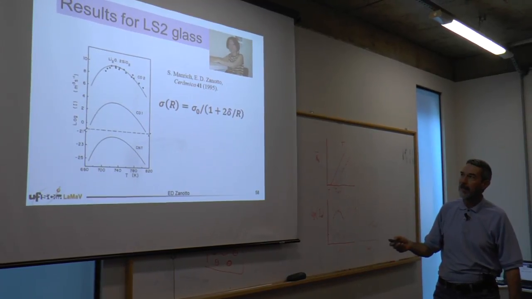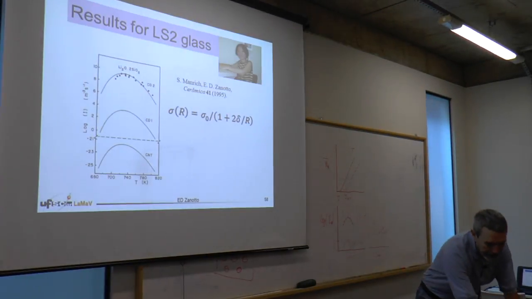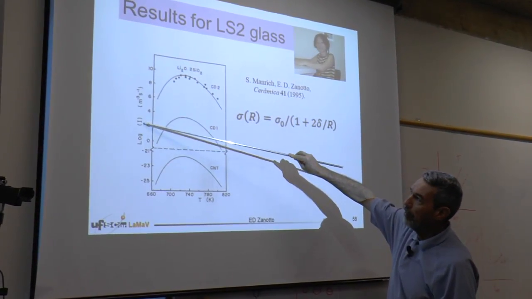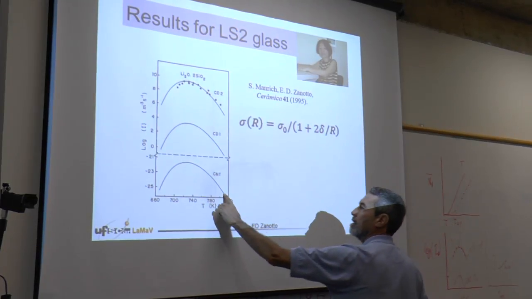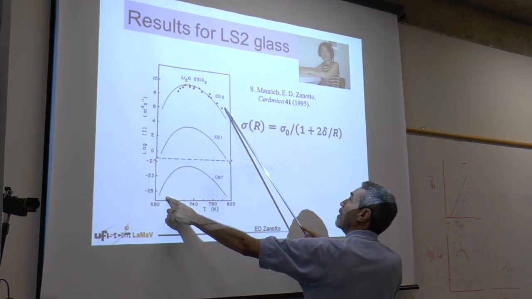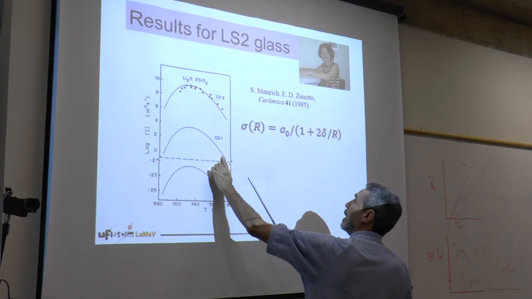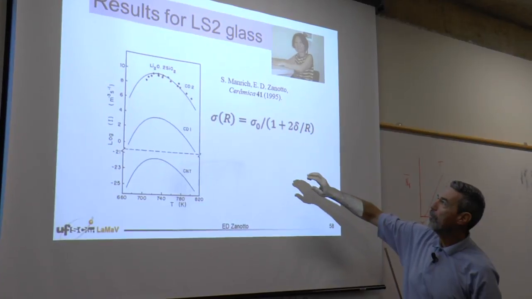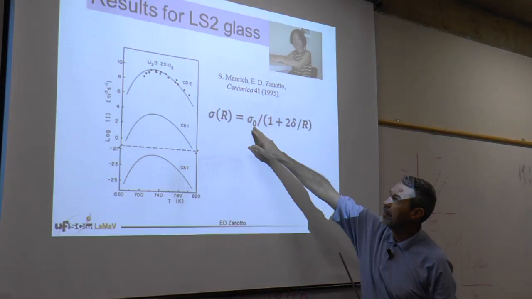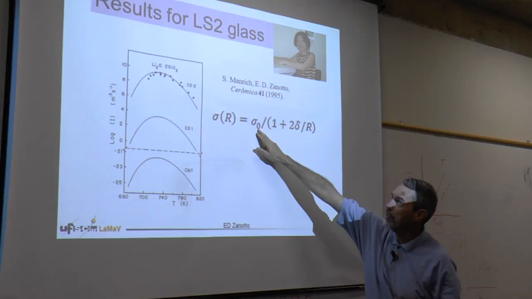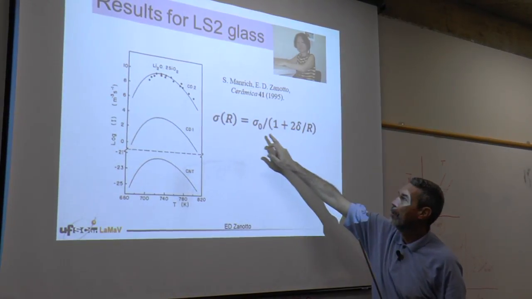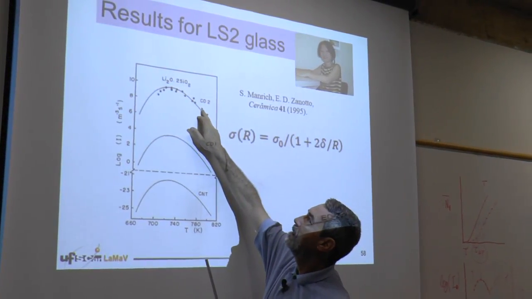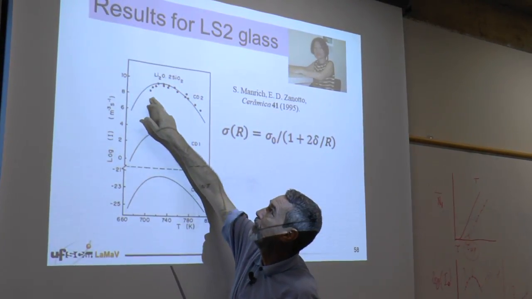And then, as I said here, like for lithium disilicate, log of nucleation rates. This is the classical nucleation theory. Those are the experimental points. We can fit with one adjustable parameter, that is this sigma 0, or with two adjustable parameters. If we do with two adjustable parameters, it's still not perfect.